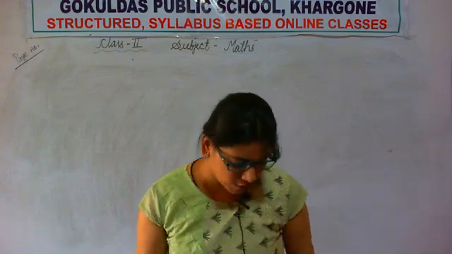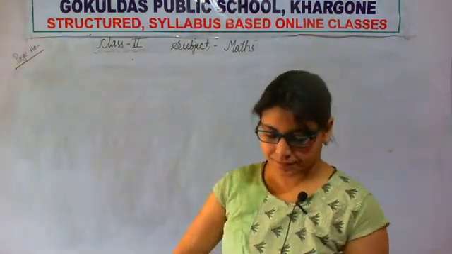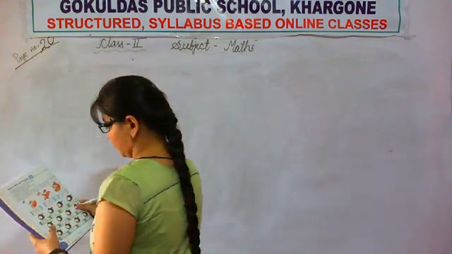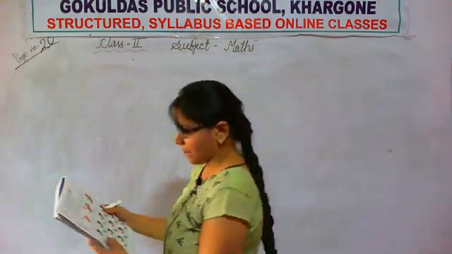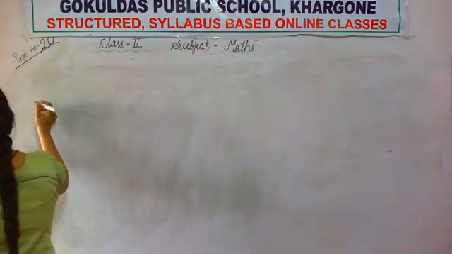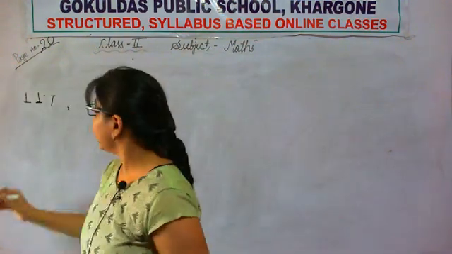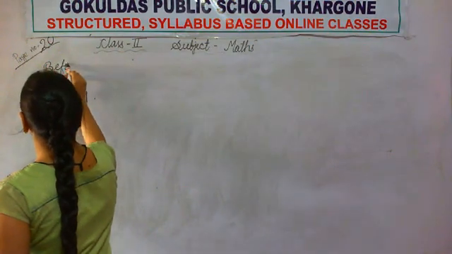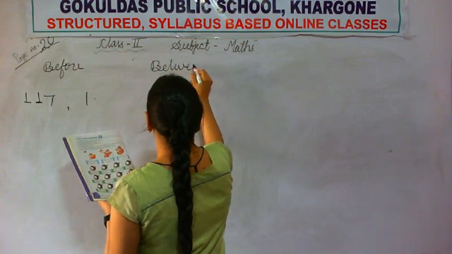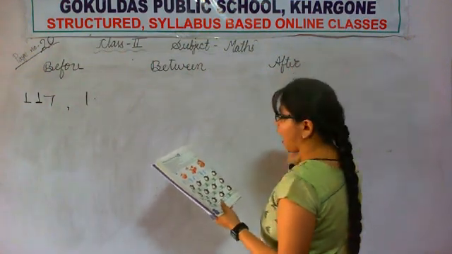So now coming towards the book's exercise, page number 20. Here we are writing before numbers, here between numbers, and here after numbers.